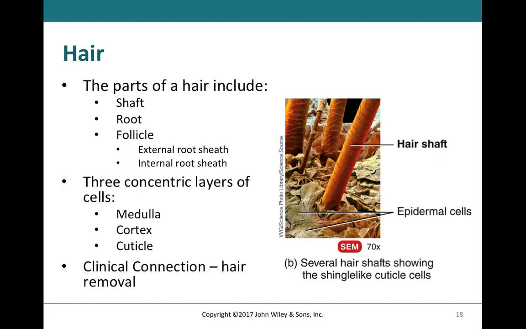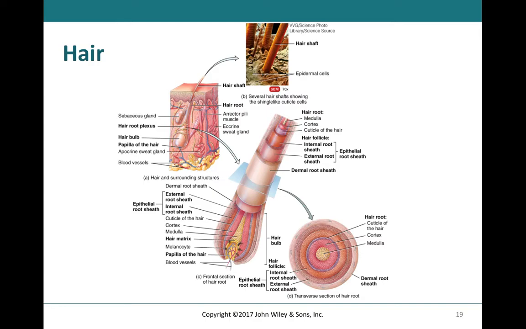With depilatories, those are the creams and the products like Nair. Those will go and dissolve the protein that's actually within the hair shaft so as to remove it, whereas electrolysis uses an electrical current to destroy the hair matrix.